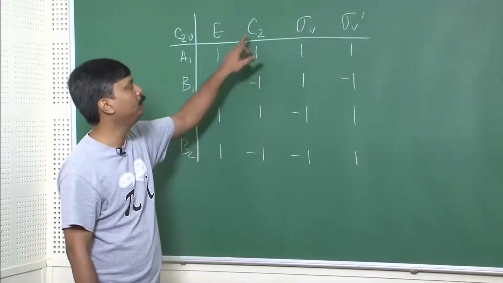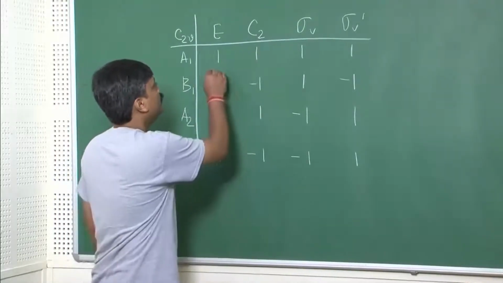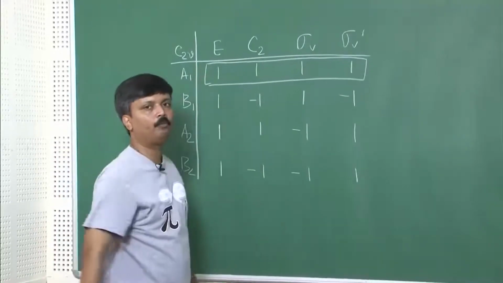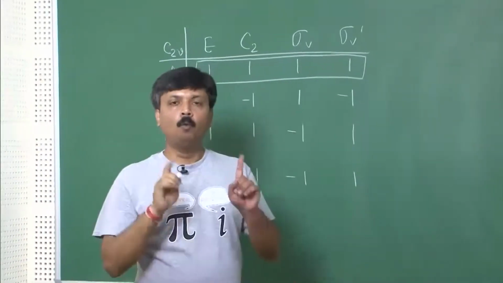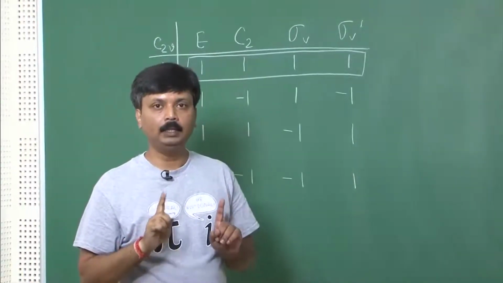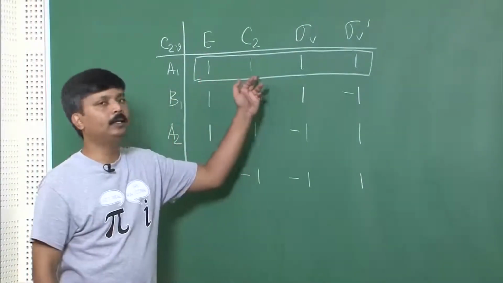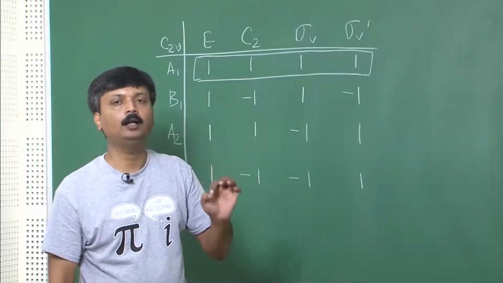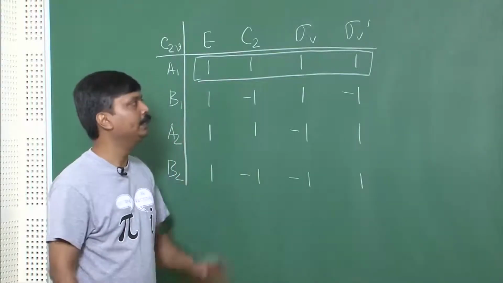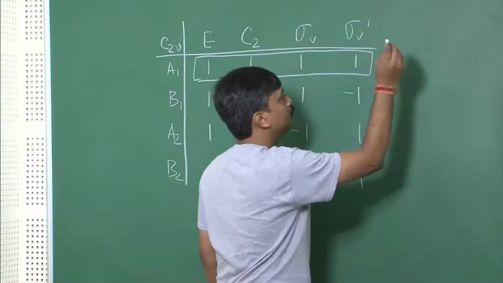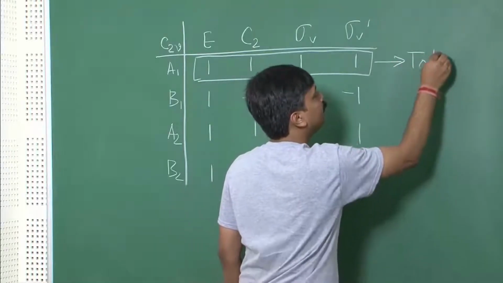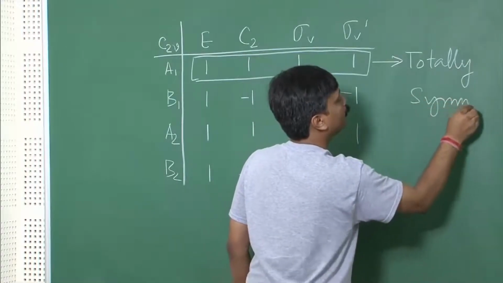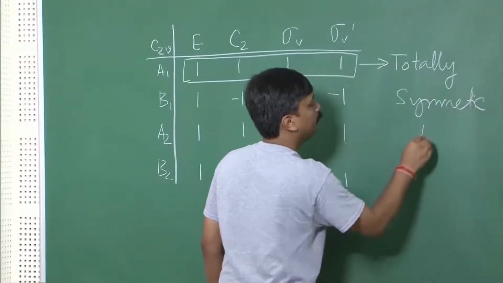So in the character tables for all the point groups, one irreducible representation will be such that the characters corresponding to all the symmetry operations are plus 1, and this particular irreducible representation is called the totally symmetric irreducible representation.